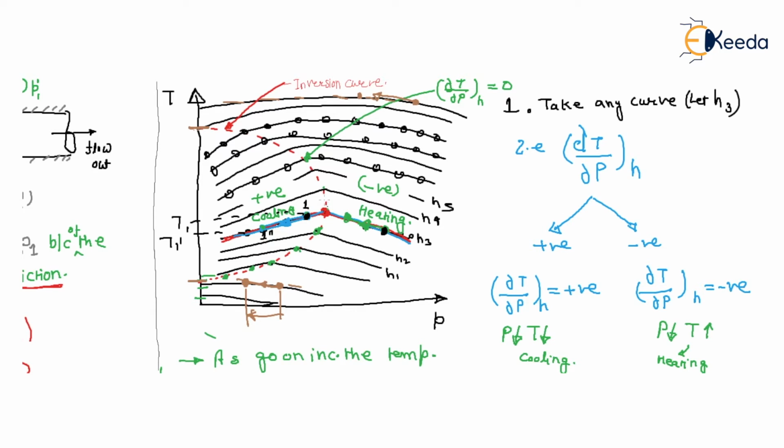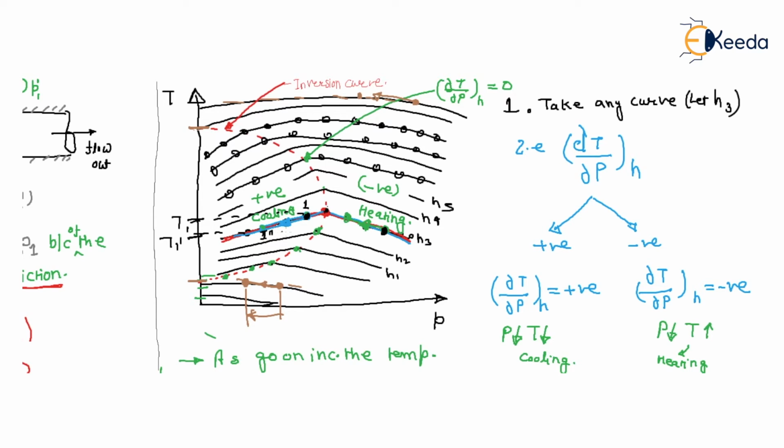So if our initial point is at 1, and you throttle, the maximum cooling effect is this one. But if our initial point is this one and we throttle from this point, there is a maximum cooling. Right? Similarly, if our point is this one and you have heating, so this much is heating, but at the inversion curve, maximum heating.